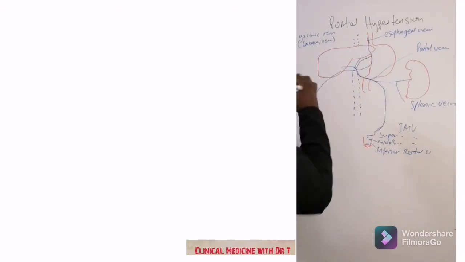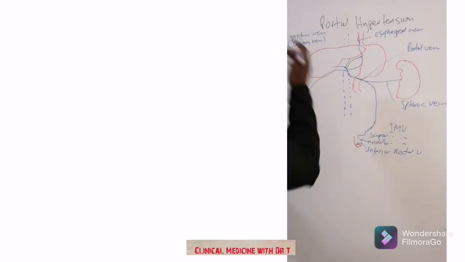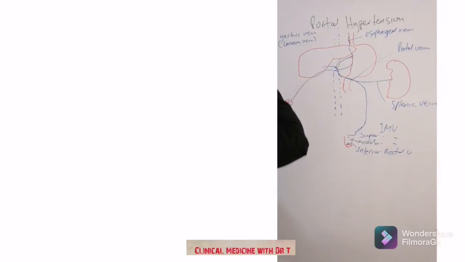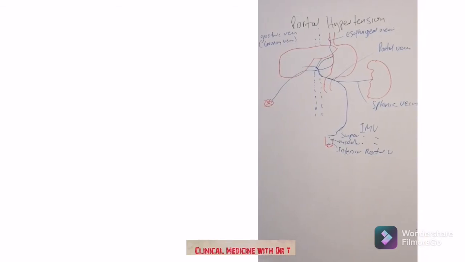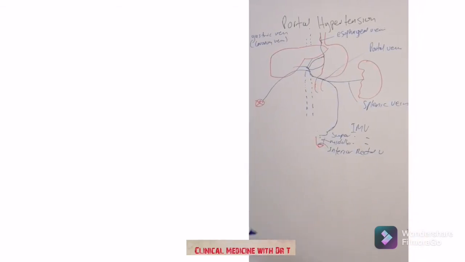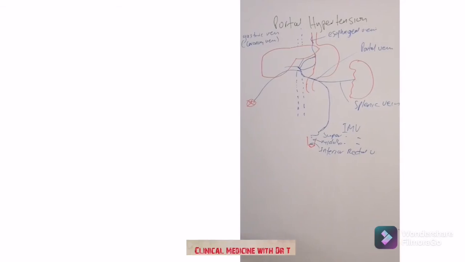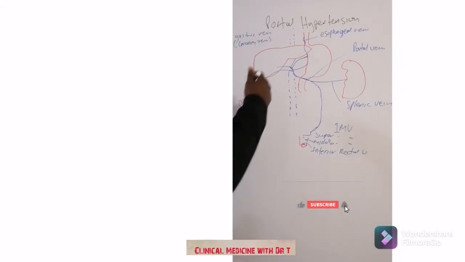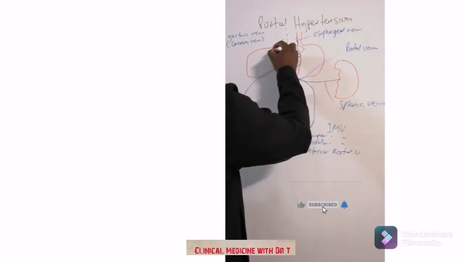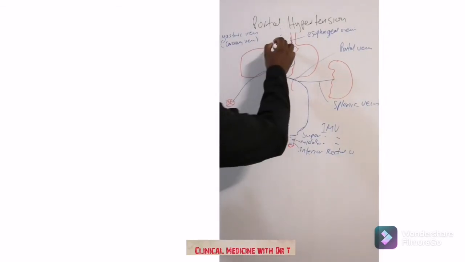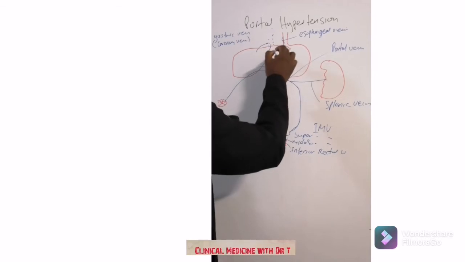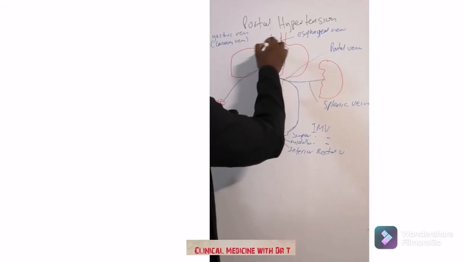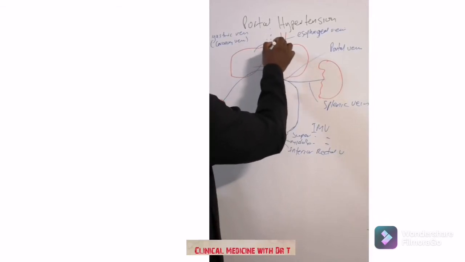The right and the left portal veins take blood to the liver, but blood from the liver is drained through the right hepatic, the middle and the left hepatic veins.